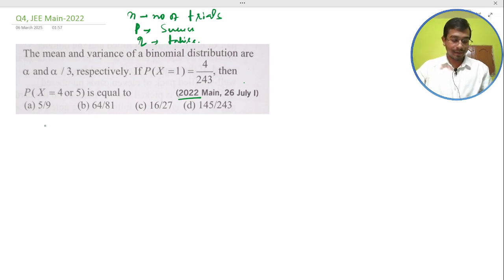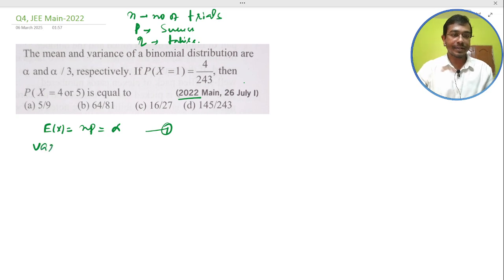It is given that the mean E of x is np, this is alpha, equation number 1. The variance, var of x, that is sigma square. In a binomial distribution, the variance is npq.